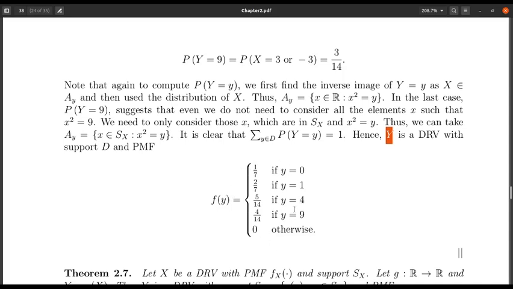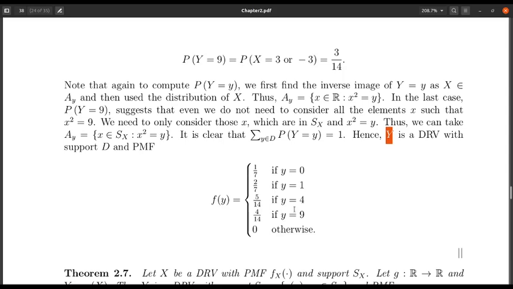So given a probability mass function and a function, we showed that Y is a discrete random variable. Not only that, we also found the probability mass function of Y.